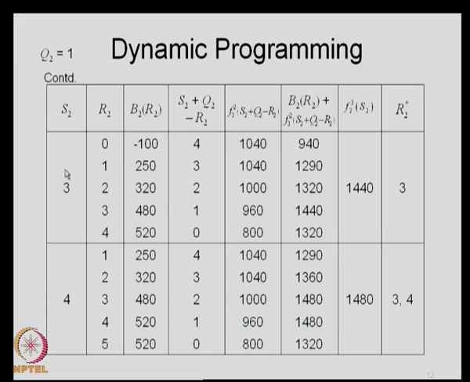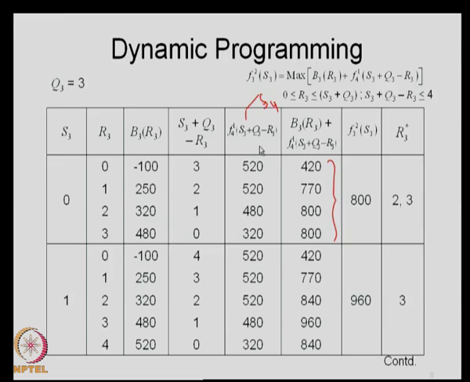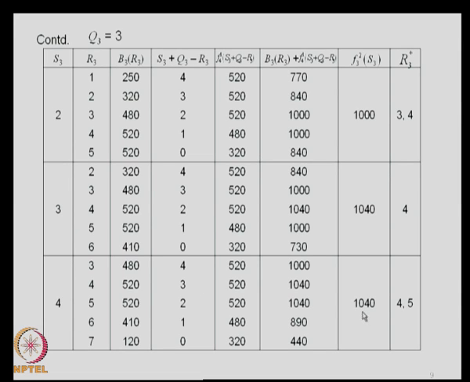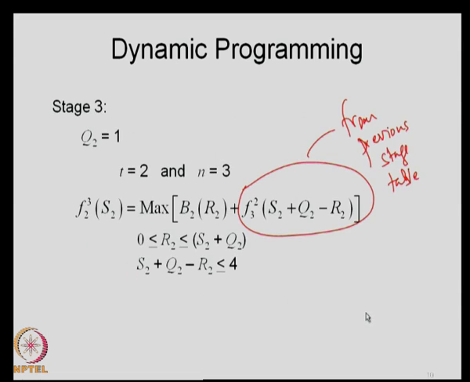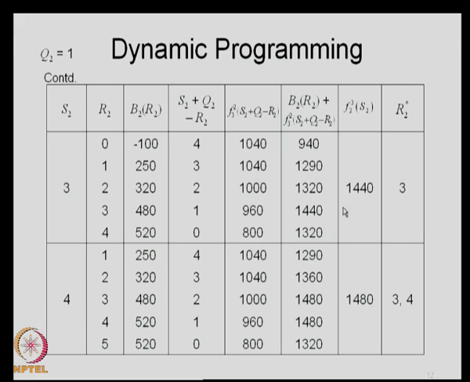So, 3 plus 1 minus 0 is 4. Corresponding to 4, you pick up from the previous stage calculation the objective function value, which comes to be 1040. So, you write 1040 here, and 1040 minus 100 is 940.